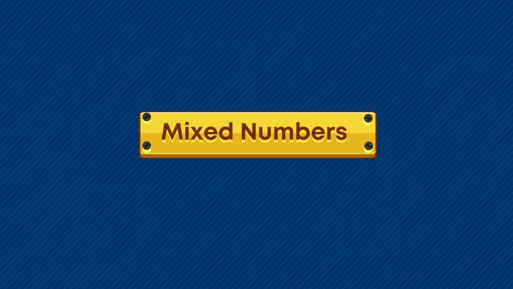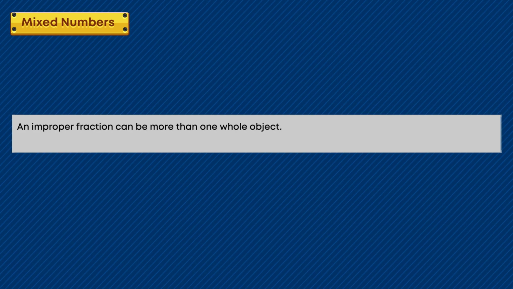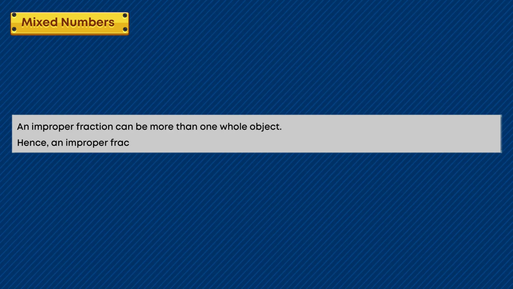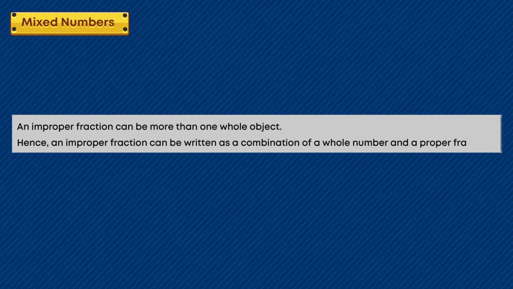Mixed numbers. An improper fraction can be more than one whole object. Hence, an improper fraction can be written as a combination of a whole number and a proper fraction.